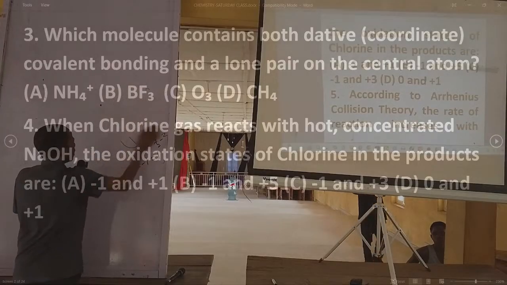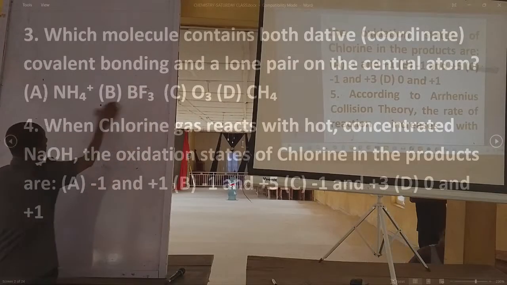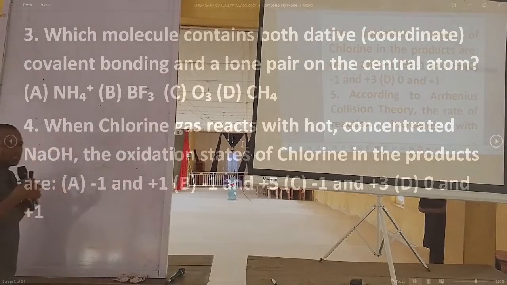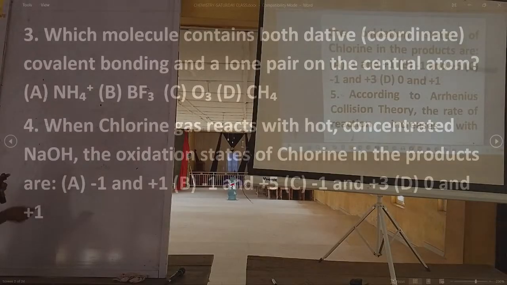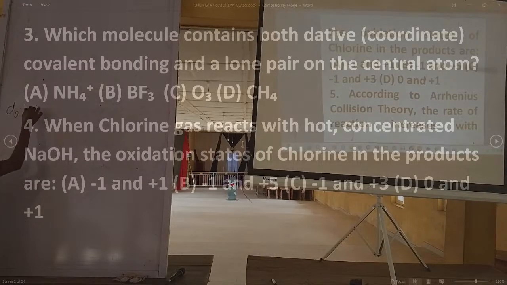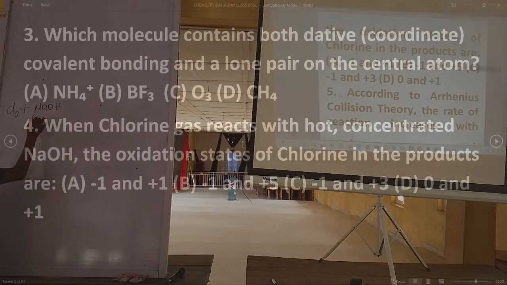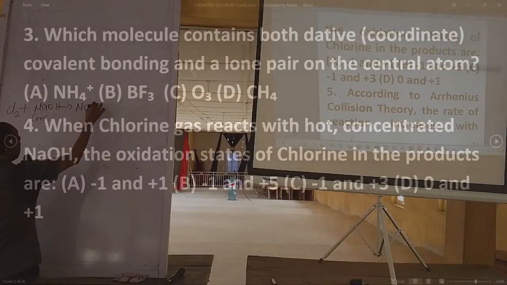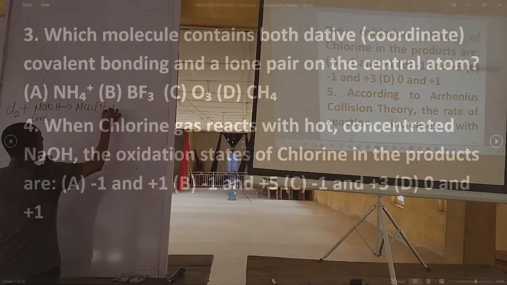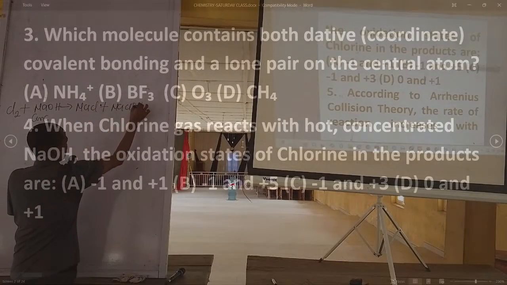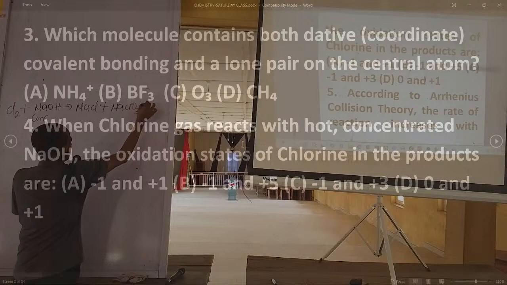But remember, this is a reaction between chlorine and hot concentrated NaOH. So we have chlorine plus NaOH. This one is concentrated. It's going to give us NaCl plus NaClO3, then plus H2O.